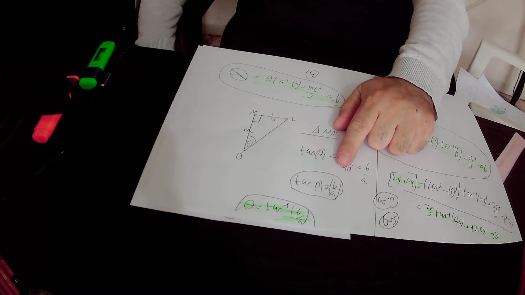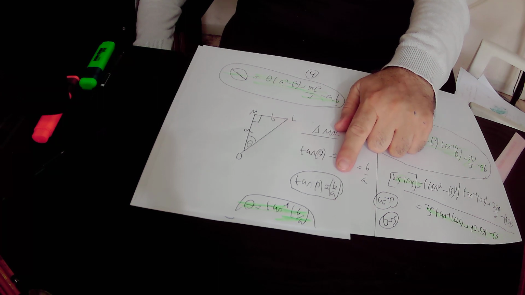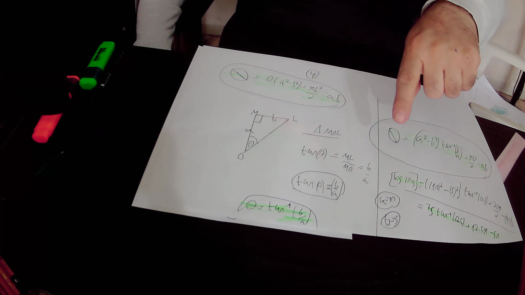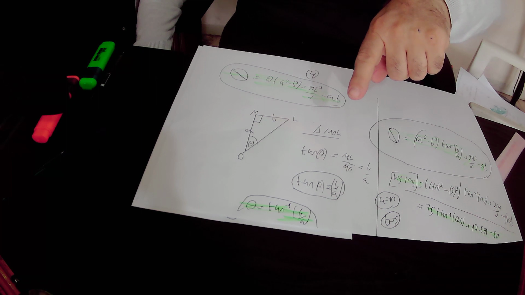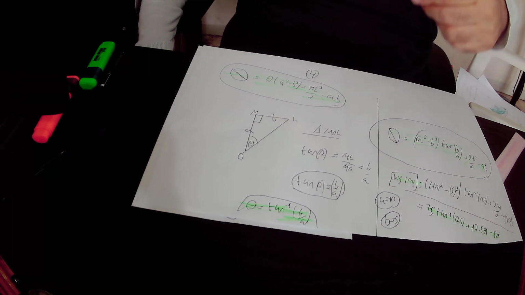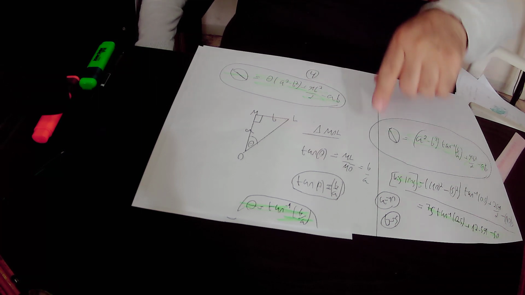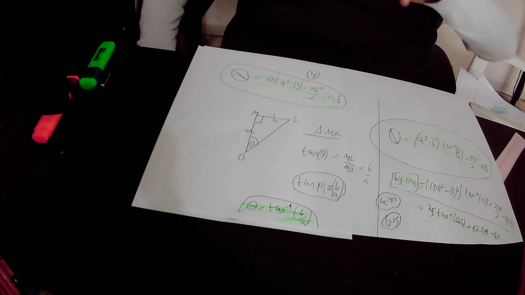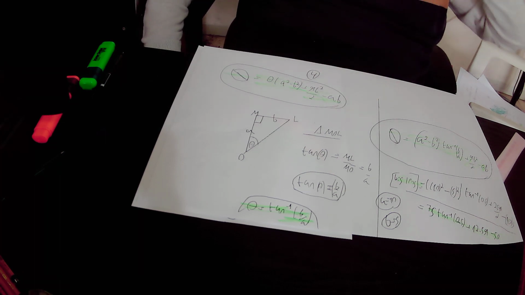So in order to get theta itself, we apply the inverse function of tangent to the result B over A. So theta equals tangent minus 1 of B over A.